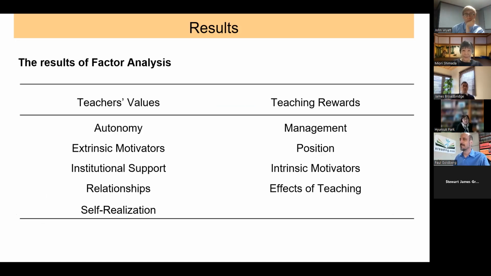We also did factor analysis, and the factor analysis of responses concerning work values suggests that there are 5 distinct sets of basic wants or needs, which are autonomy, intrinsic motivators, institutional support, relationships, and self-realization. On the other hand, the factor analysis of job rewards indicates 4 factors, including management, position, intrinsic motivators, and effect of teaching.